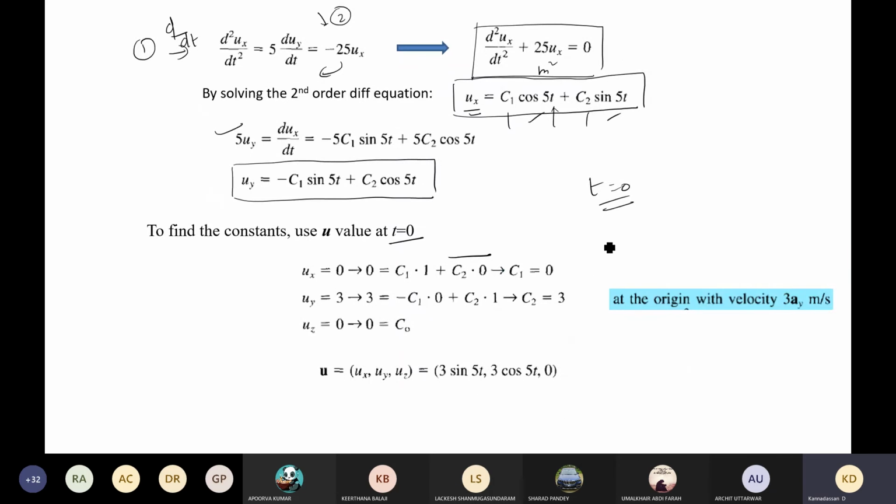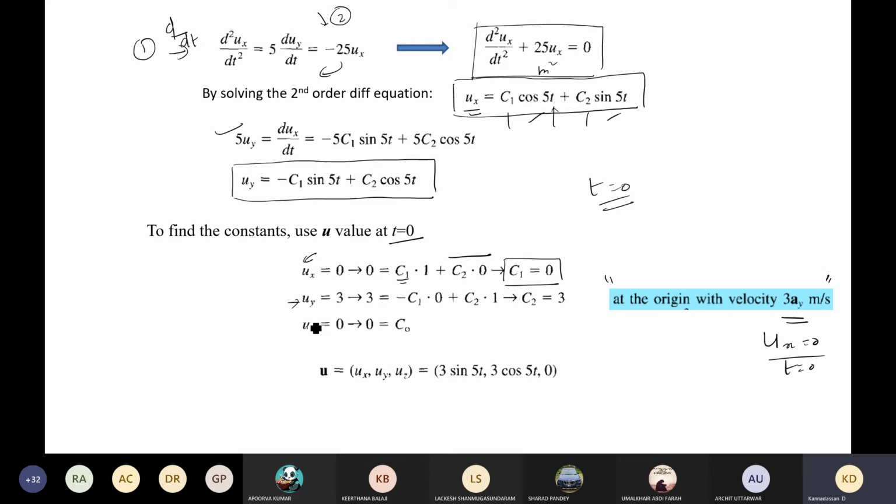If you notice from the given question, velocity is available only along the y direction. Therefore, this ux is supposed to be 0, at least at time t equal to 0. You should remember this. Not at different times, only at time t equal to 0, it is equal to 0. Therefore, when you substitute this equal to 0, you will get the value of C1, which is nothing but 0.